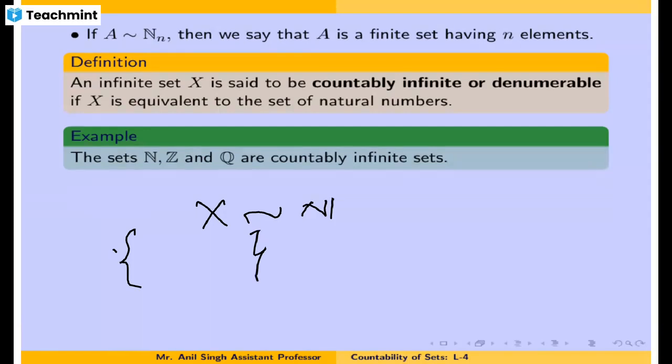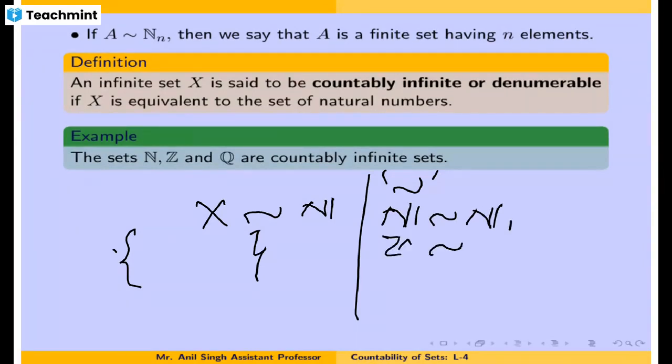As you already know, this relation is an equivalence relation, so it is reflexive, and hence the set of natural numbers is equivalent to itself. This is always true for any set. That means the set of natural numbers is a countably infinite set. We have also shown that the set of integers is equivalent to the set of natural numbers, so the set of integers is also countably infinite.